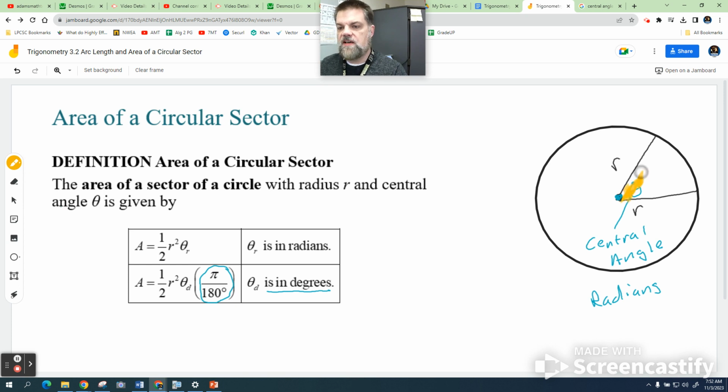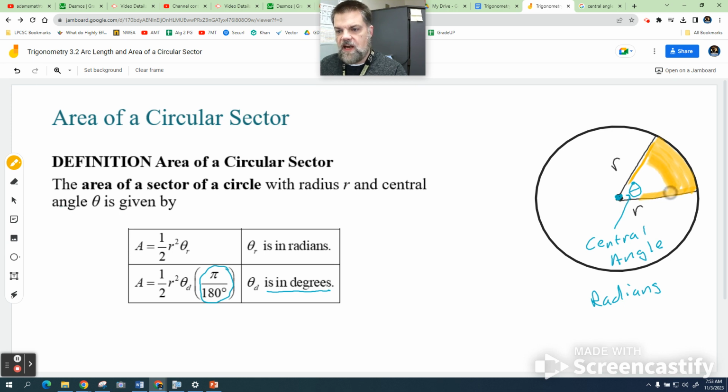So this little segment here. Let me do it with yellow, I just got to do it lightly. So this, we can find the area of this section alone, and that is called a sector, a circular sector.